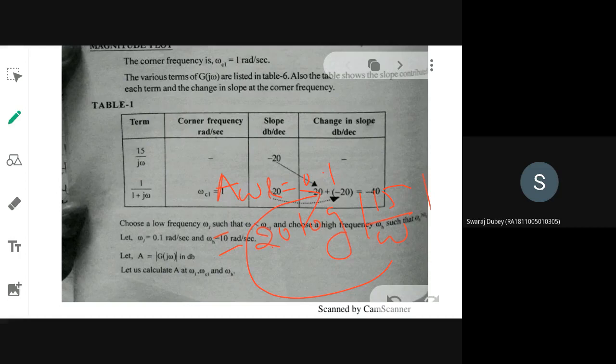And next you need to find A at omega C1 also, that is 1 radian. The same formula will come, 15 divided by omega. So tell me the first two answers. What will be the gain at 0.1? What will be the gain at 1? You have a calculator now. Calculate it and tell me. 43.52. What about the second one?